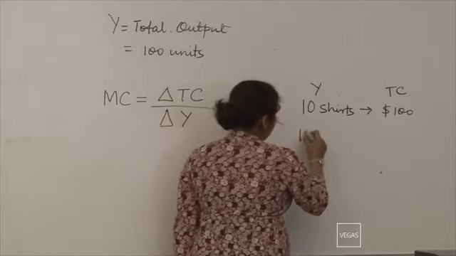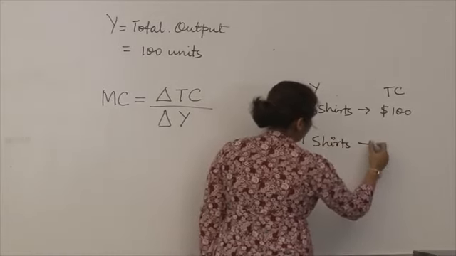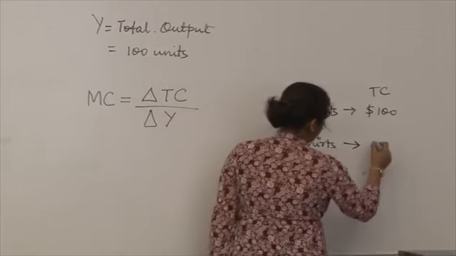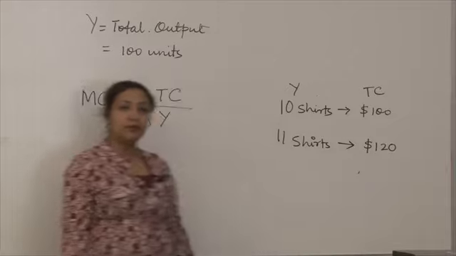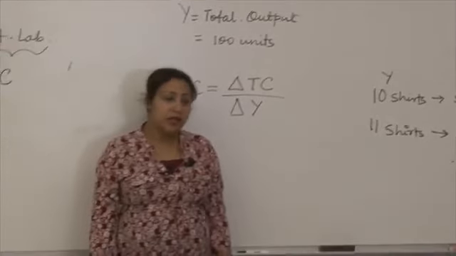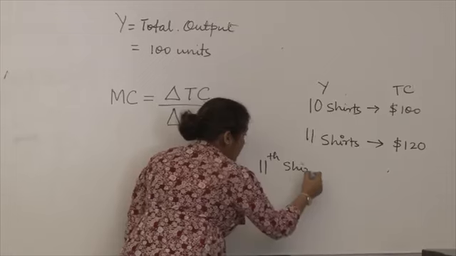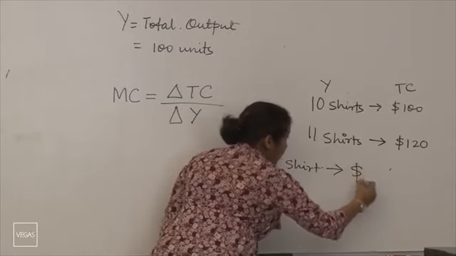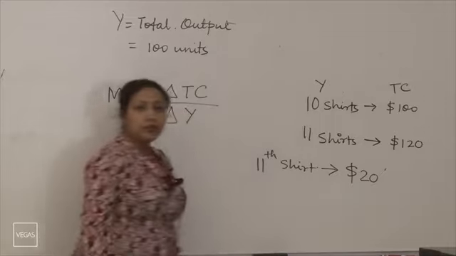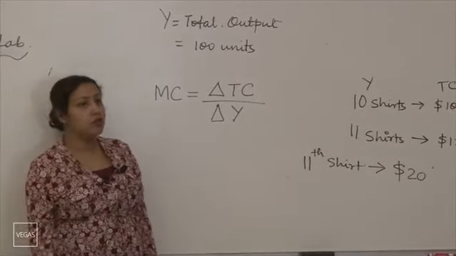Now I produce 11 shirts, and let's say the cost is 120. That means for the 11th shirt, my total cost has increased by $20, isn't it?